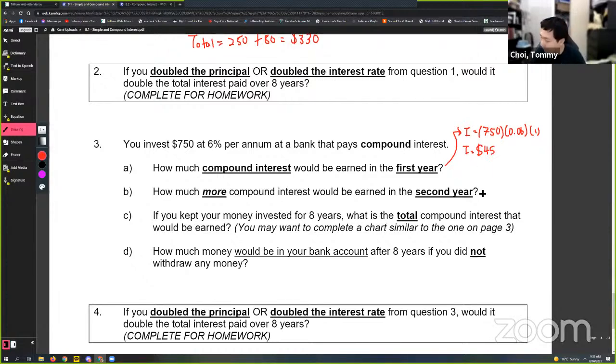However, for the second year, the principal changes. Since it's compound interest, the way we calculate interest in our second year is that we're not using 750, we're using 750 plus 45, which is 795.